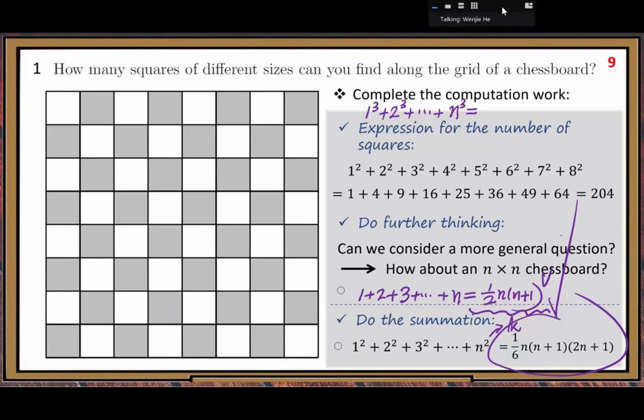Then this formula, what's that? Look at this. This whole thing squared. Just this one, we square it. That's interesting, right? The square of it.